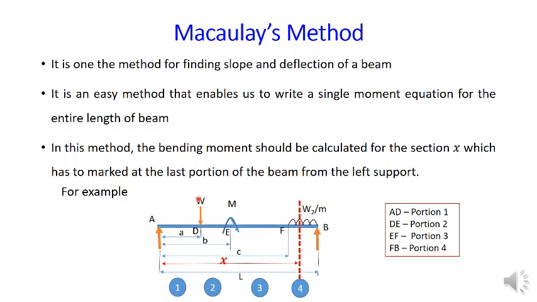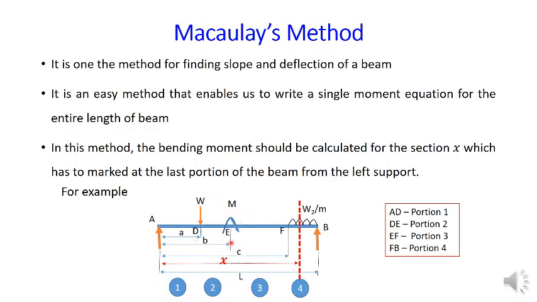For example, let us consider a beam AB shown in the figure. It consists of one point load, one moment, and one UDL. Let me name these points as D, E, and F. Point load W is acting at a distance of A from the left support.